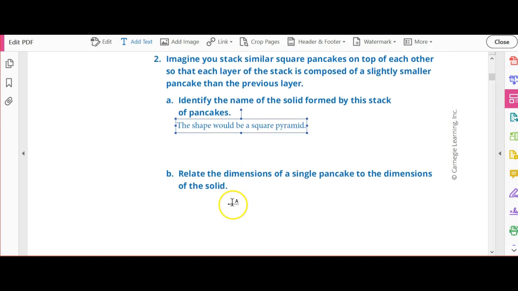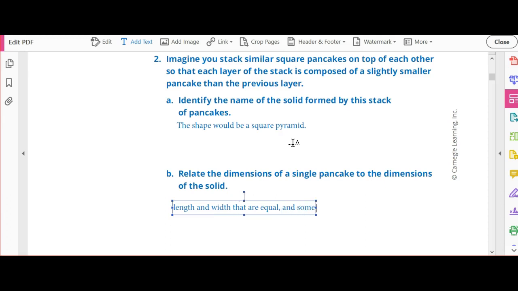Okay, the dimensions of a single pancake. So a single pancake would be in the form of a square. So we could say length and width that are equal, and some height, not much. If it's a pancake, it's going to be fairly thin. And so what do we have?